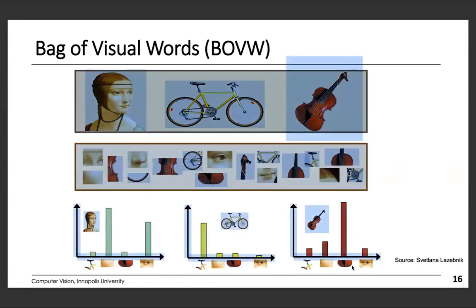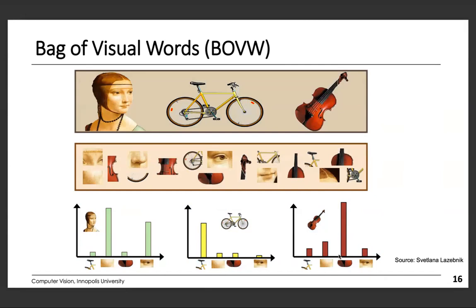For this one, we have this specific shape, which I think is the base of a violin. And this is the histogram of the class violin. We can clearly see that these histograms of the different classes are more or less linearly separable, meaning any classifier model that we use on top of these feature vectors will give us very good accuracy.